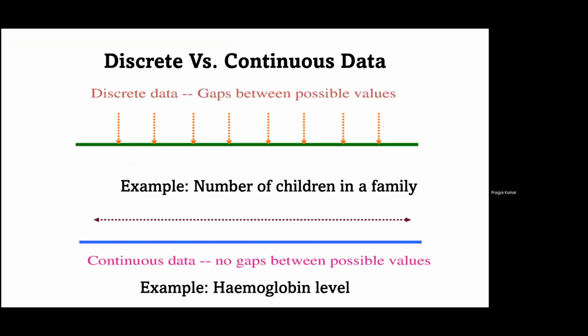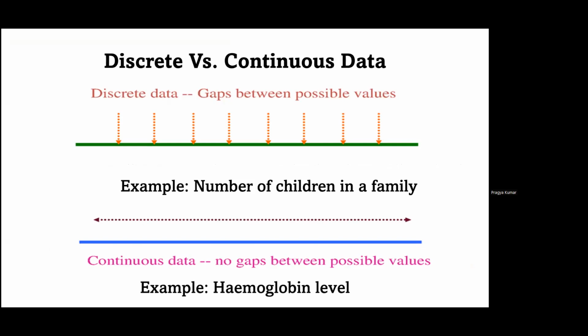So that's the difference. Now, this scale variable is also known as continuous data. And there's again one concept which is known as discrete data. So discrete is where a fractional value is not possible. Like I cannot say that the number of children in a family is 3.3 or 3.1. That cannot be there.